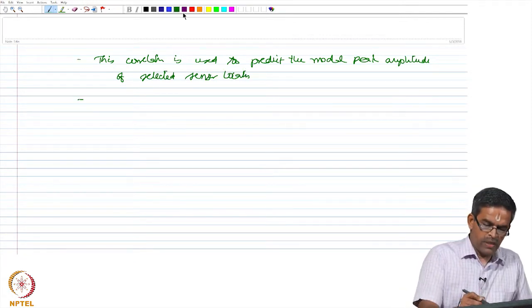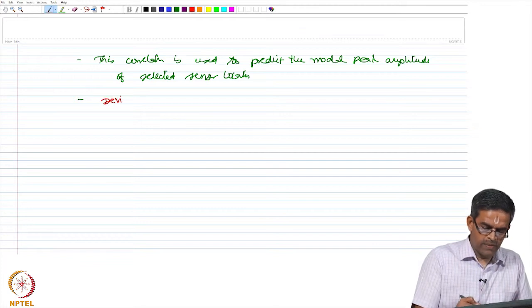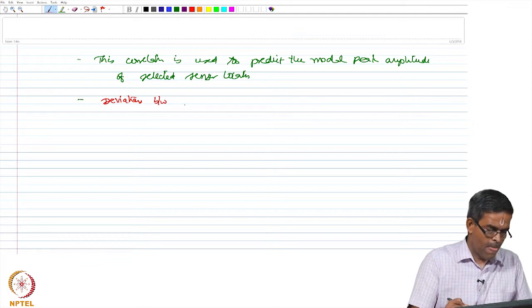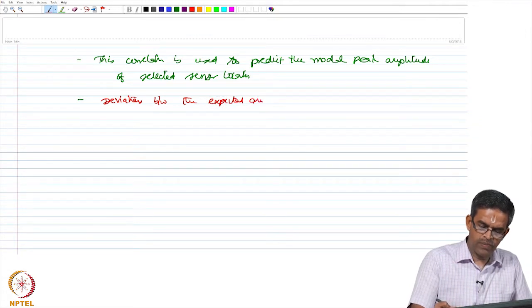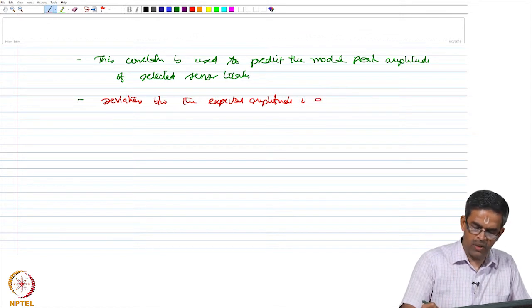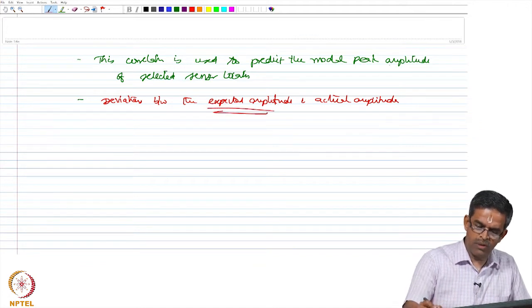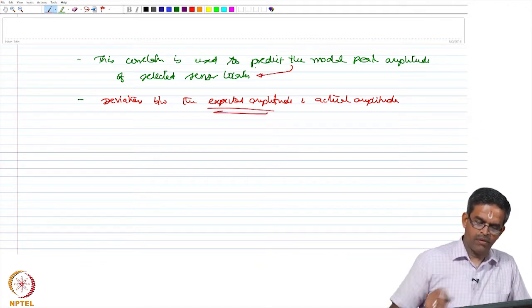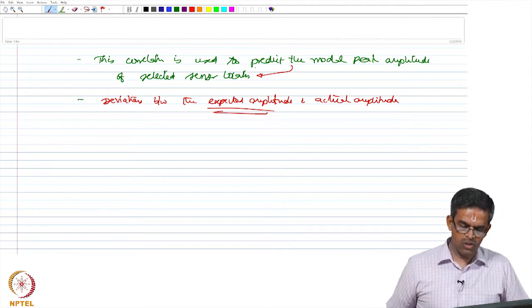Now, interestingly, the deviations between the expected amplitudes and actual amplitudes. Expected amplitudes are actually predicted from the correlation on chosen selected sensor points.